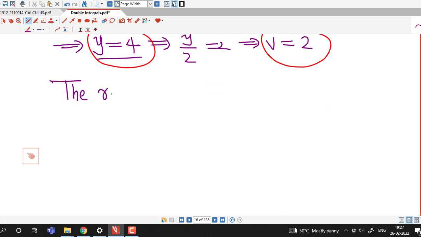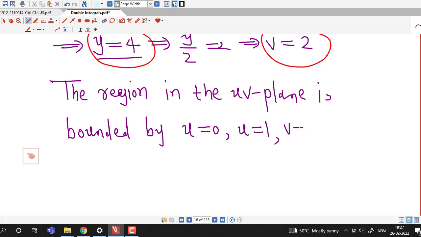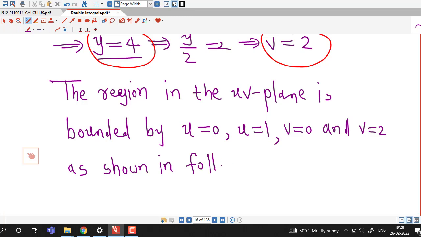So we can write that the region in the UV plane is bounded by u equal to 0, u equal to 1, v equal to 0 and v equal to 2, and we can easily sketch this region as shown in following figure.